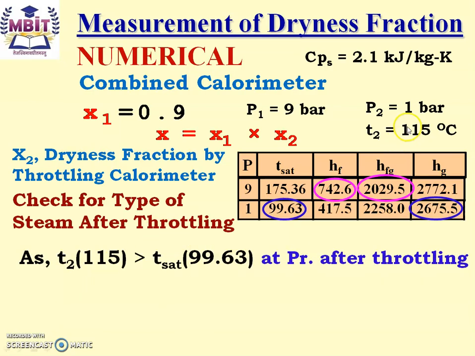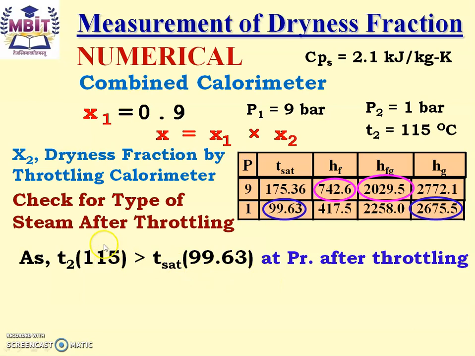Now let us see the temperature of steam after throttling. It is given as 115 degrees Celsius. Let us compare it with the saturation temperature obtained at the pressure after throttling, that is 99.63. We know that 115 is greater than the saturation temperature.